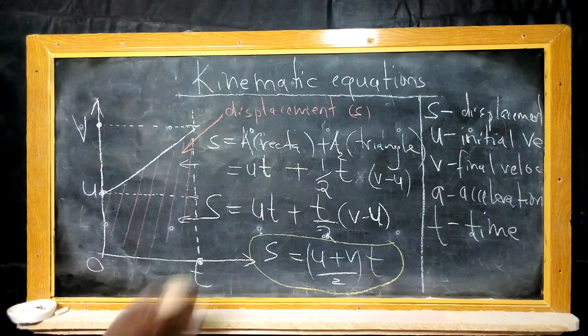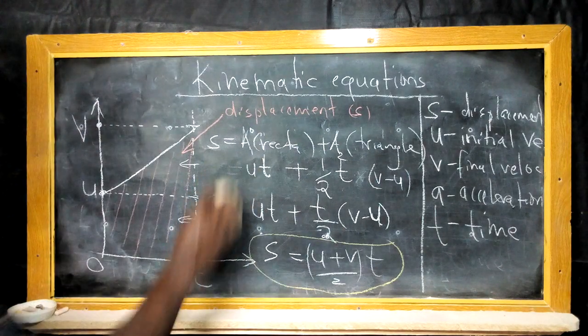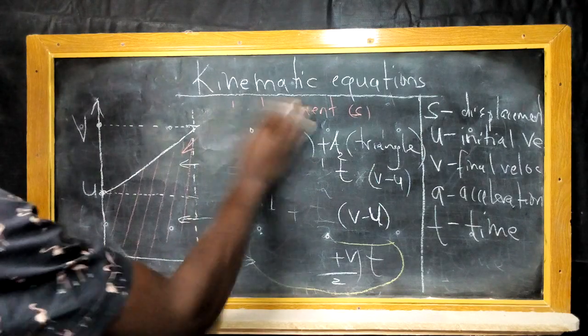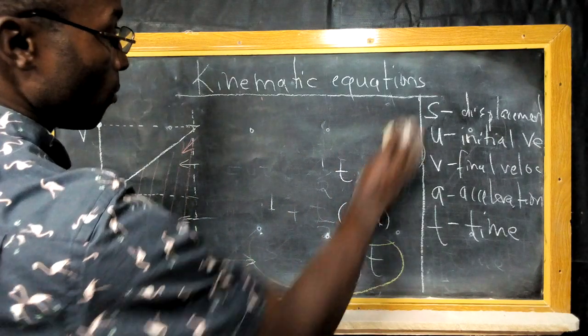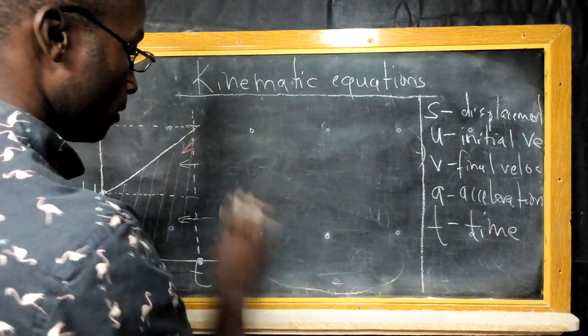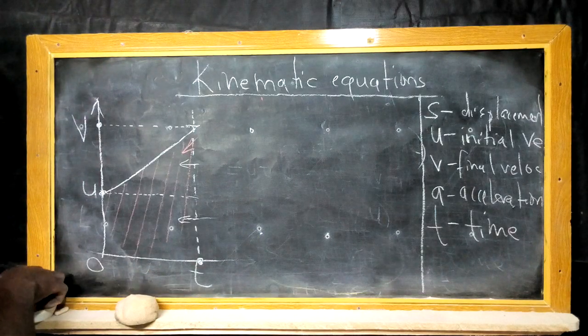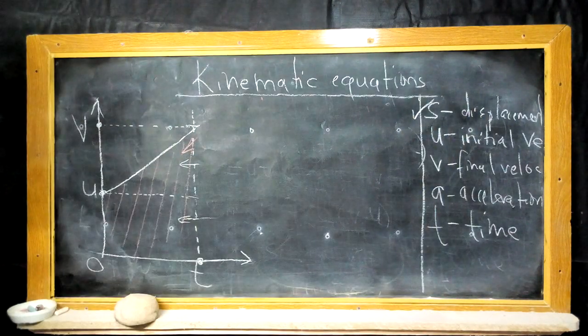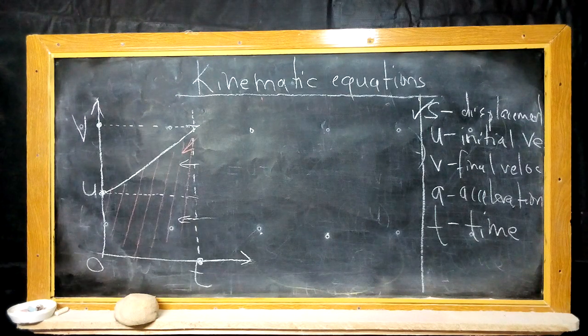So there's addition of the two areas of a rectangle and a triangle. That's the first set indicating displacement S, found using the other parameters that we have been given.